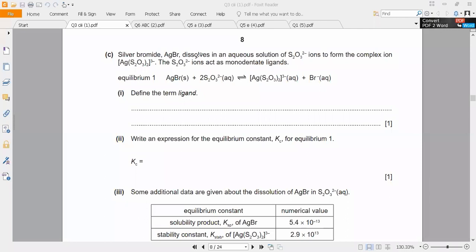Welcome, everyone. So in this part of the video, we'll be solving past paper questions related to the Kstab topic. So the first question we are going to solve is this. Silver bromide AgBr dissolves in aqueous solution of S2O3 2- ions to form the complex ion.